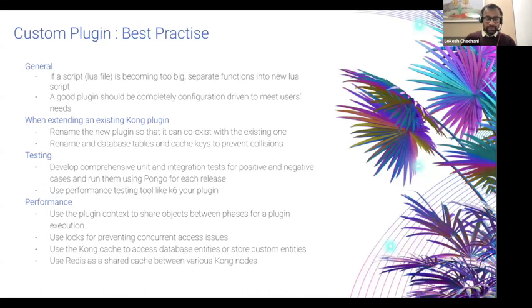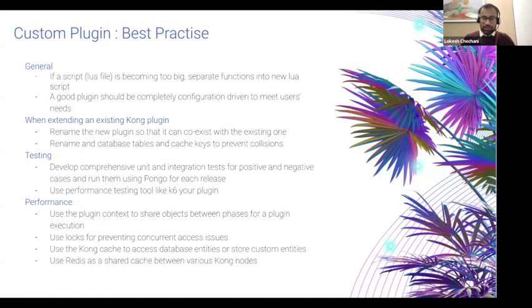Yes, and there are certain aspects around how you use different objects. For example, there's the plugin context object. Rather than creating a global variable, use the context object which Kong provides out of the box. So try to leverage that.